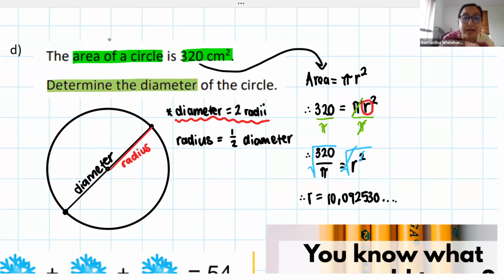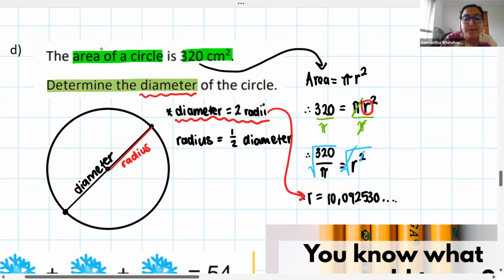Now remember, grade 8s, we were asked to determine the diameter of the circle. What we have worked out is the radius. So what we need to do is take our radius and times it by 2 in order to get our diameter.